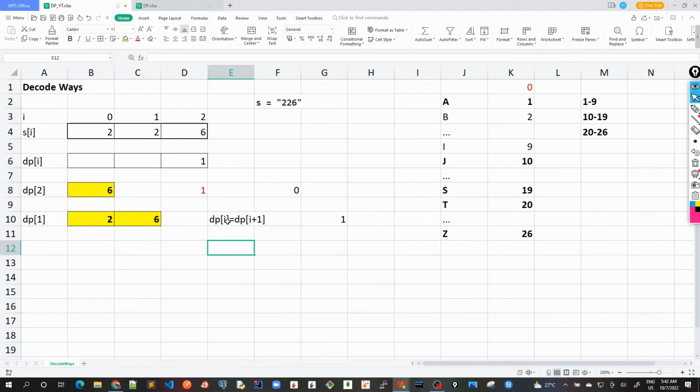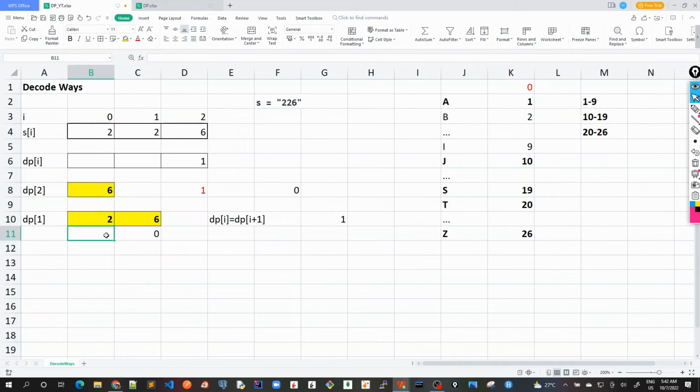So in that case, our base case for DP is like 2 and 0, so there would be only one base case. We cannot treat 0 alone, because 0 doesn't map to anything. We cannot just have individual characters as 0 and then 2 separately. It's not possible. If one letter is missing, then the whole DP would be 0 for that. There will be no ways to decode it.